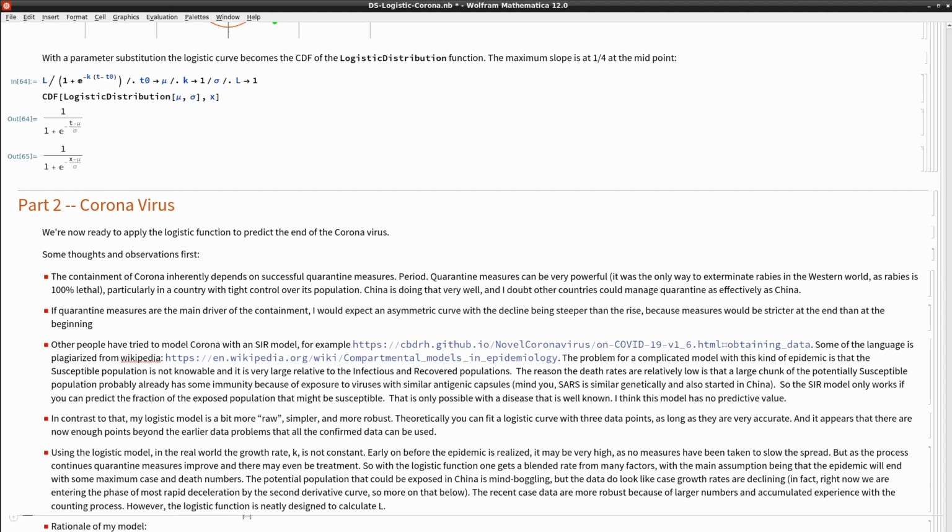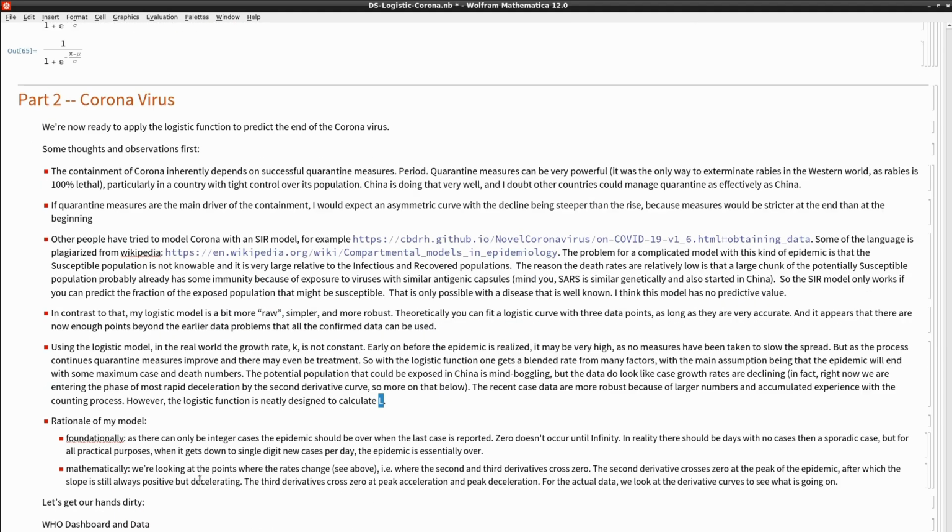The logistic function is neatly designed to calculate L. That's also impossible to model here, but we have all these factors together. So again, we can model the logistic function with just a few data points as long as these are really reliable, but we have that. The data is getting of higher and higher quality as time progresses.